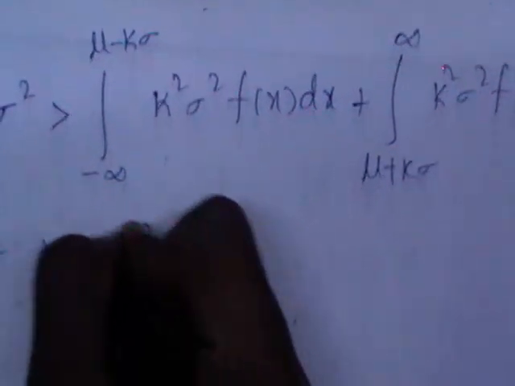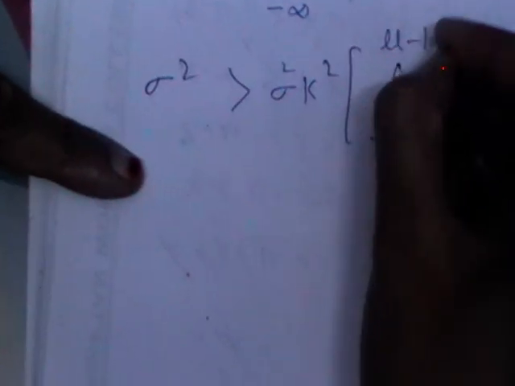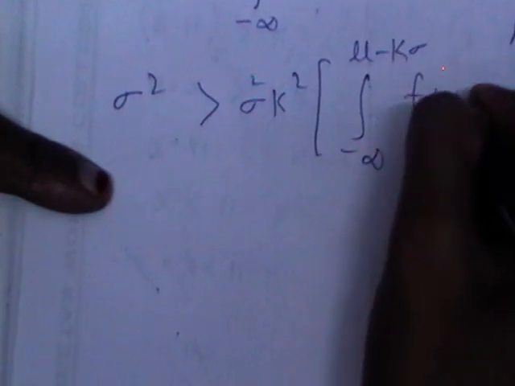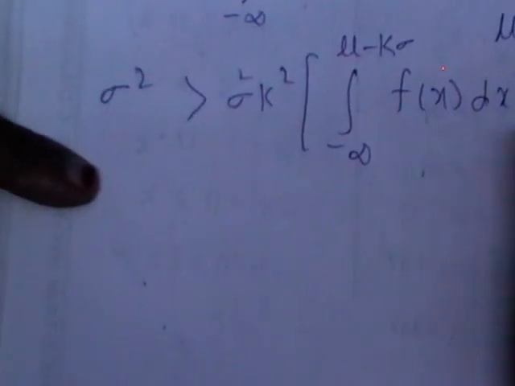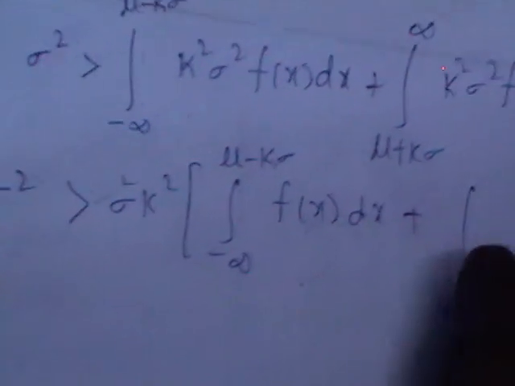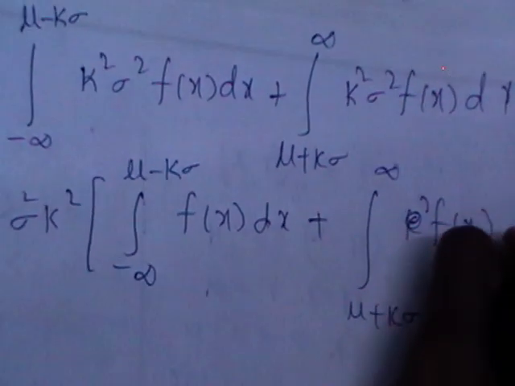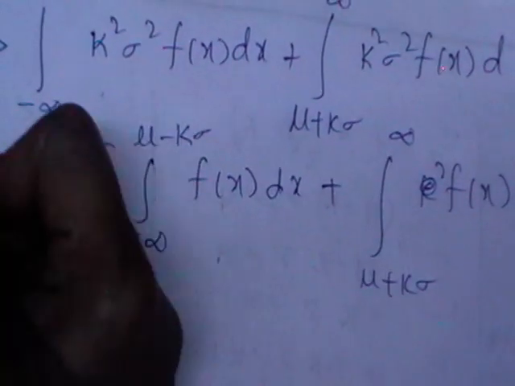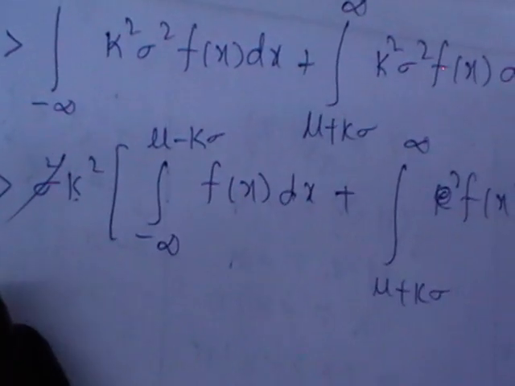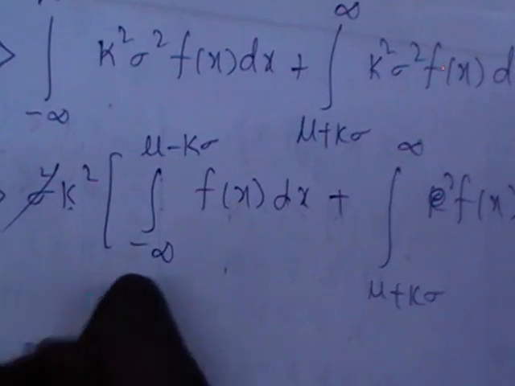If you take out k square sigma square from both the integrals as the common factor, we get the integral from minus infinity to mu minus k sigma of f of x dx plus the integral from mu plus k sigma to infinity of f of x dx. I think sigma square cancels. If you bring it to the RHS, you will get 1 by k square is greater than.